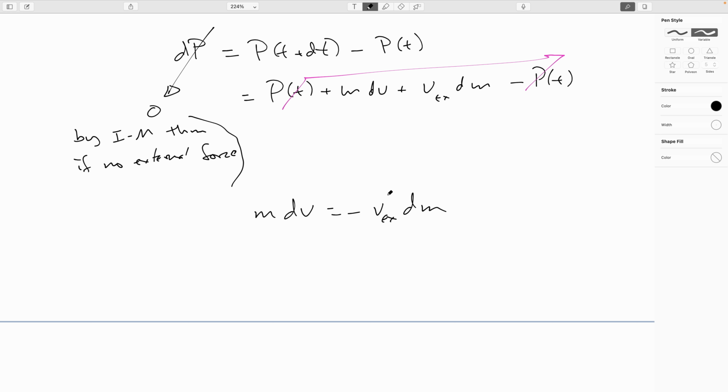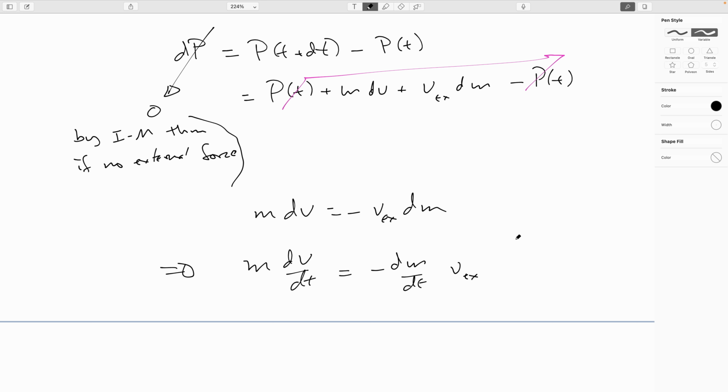And so I can go ahead and divide, well, apply a theorem that makes it look like I'm dividing through by a differential, but I can also just say, if I'm thinking of these as really tiny deltas and then eventually taking the limit as delta t approaches 0, I can then let this become m dv/dt equals minus dm/dt times v exhaust.